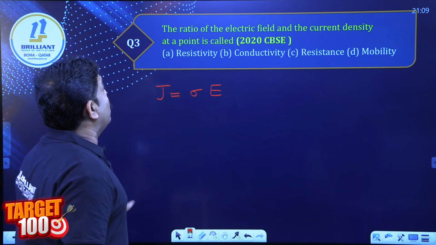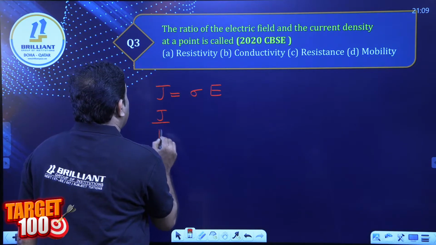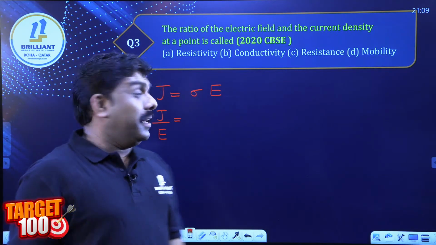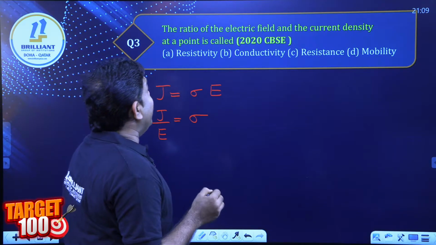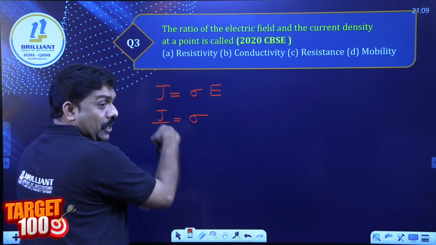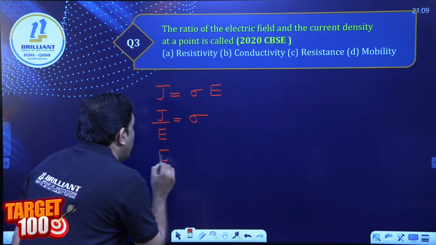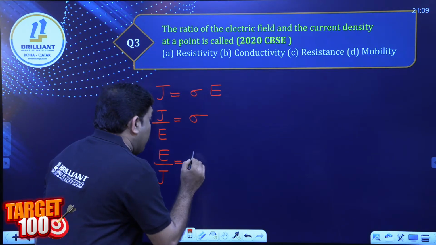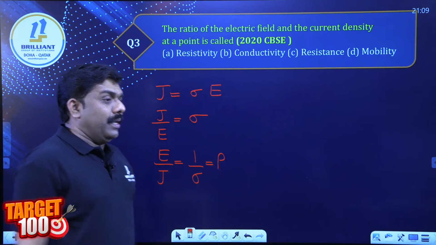So the ratio of current density to electric field, J by E, is sigma. But we need the ratio of electric field and current density, so it is the reverse: E by J, which is 1 by sigma, which is equal to rho.